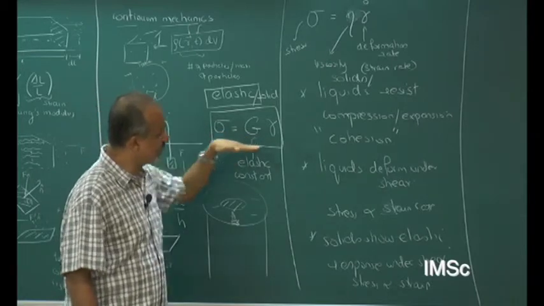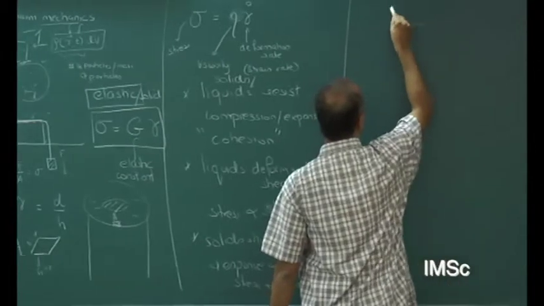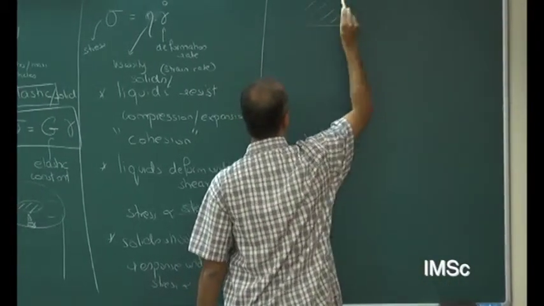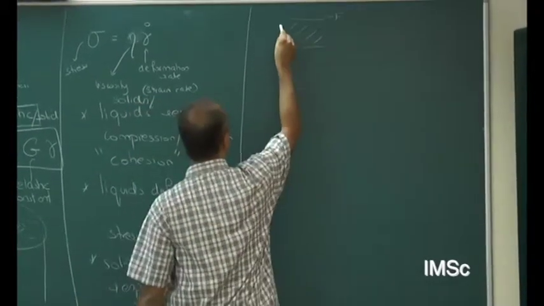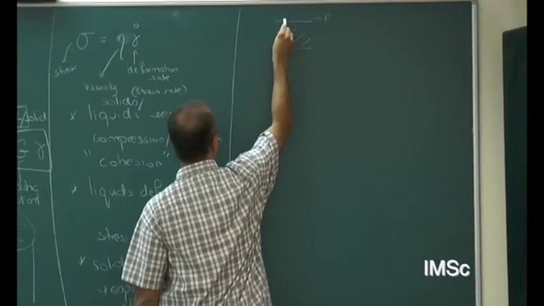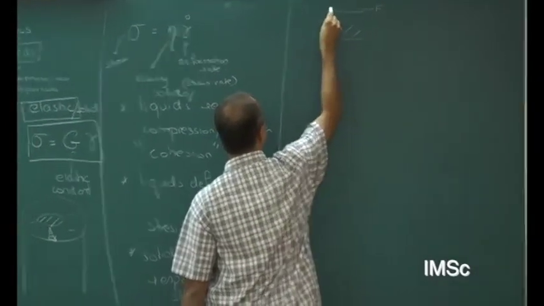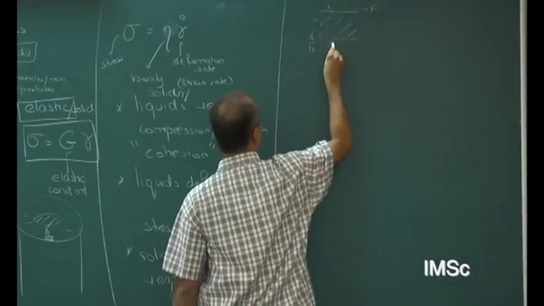So in this example here, suppose I had a liquid here in between and I move this with say some force F, okay? And suppose the rate at which points here move, so again the same thing here, suppose this is H and this is D, then D divided by H is a strain.